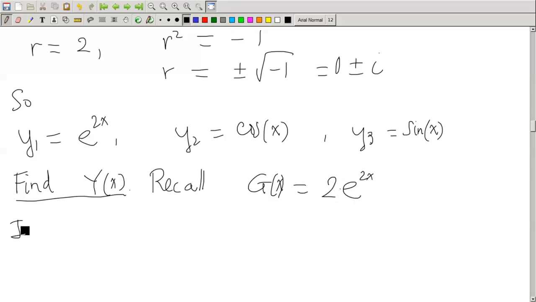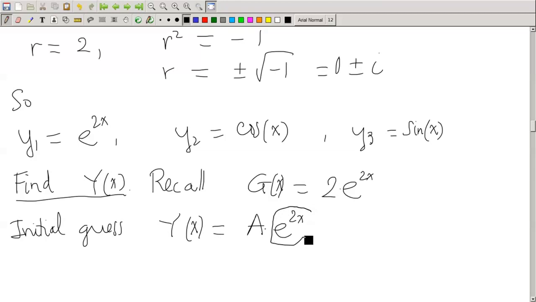So our initial guess would be capital Y of x equal to a times e to the 2x. And now we need to check whether we should modify or not.